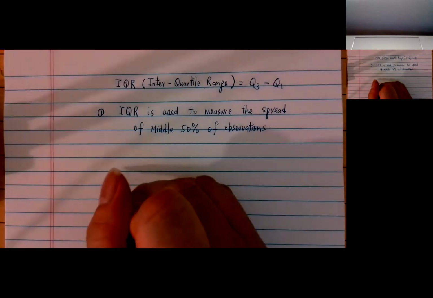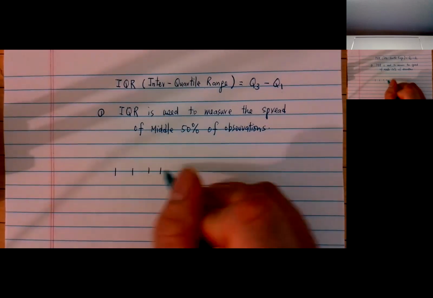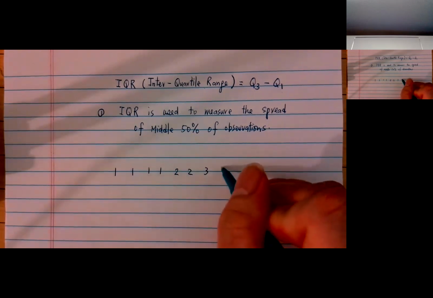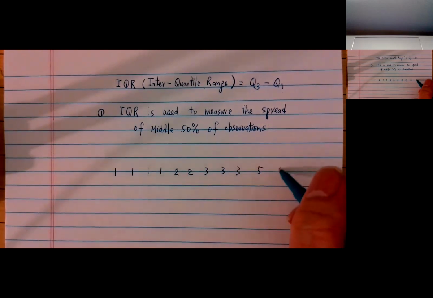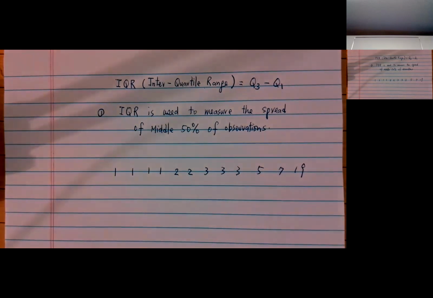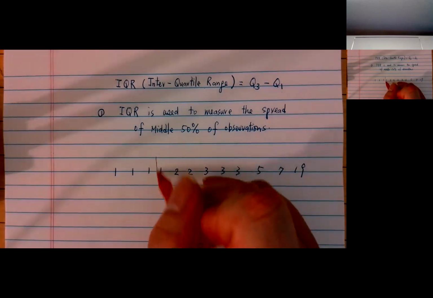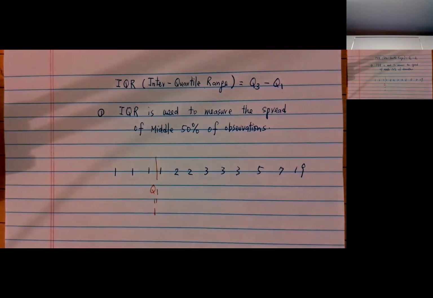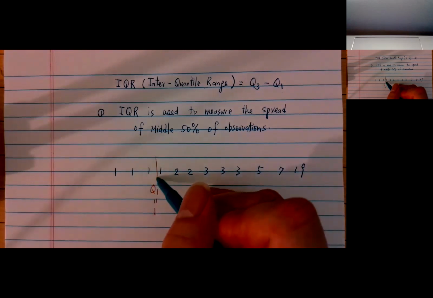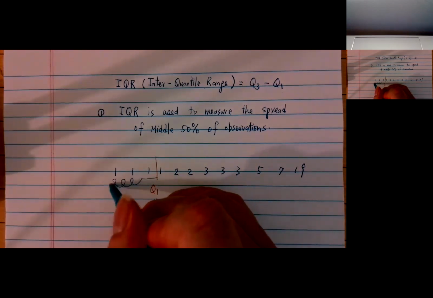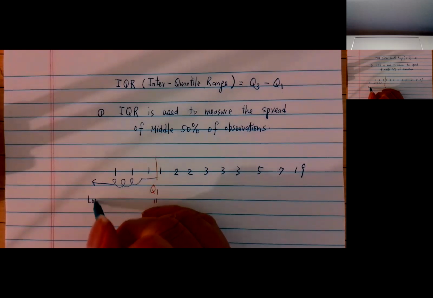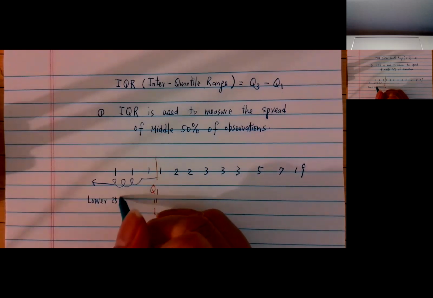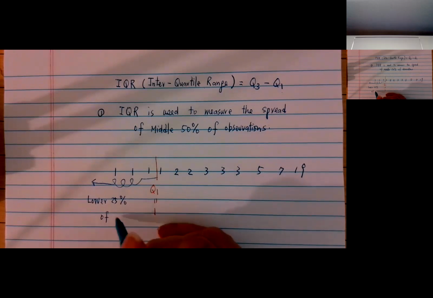Okay, let's look at the X list example. 1, 1, 1, 1, 2, 2, 3, 3, 3, 5, 7, and 19. Okay? Q1 is 1. You can imagine this rules out the lower 25% of observations.